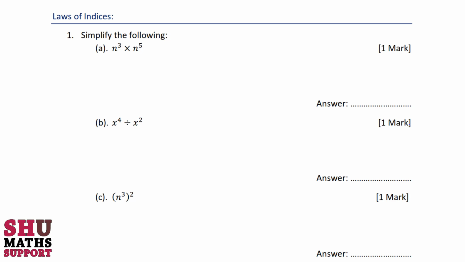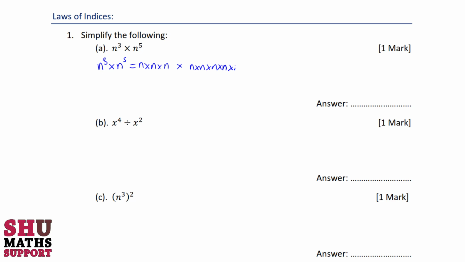So next we'll move on to examples where we might not have a numerical number, it could just be a variable, where a letter is representing a number. The first example we have is n to the power of 3 multiplied by n to the power of 5. If we use the same method as before and write everything out, we have n cubed times n to the power of 5 is equal to n times n times n, which is the n to the power of 3, and then this is timesed by n times n times n times n times n.